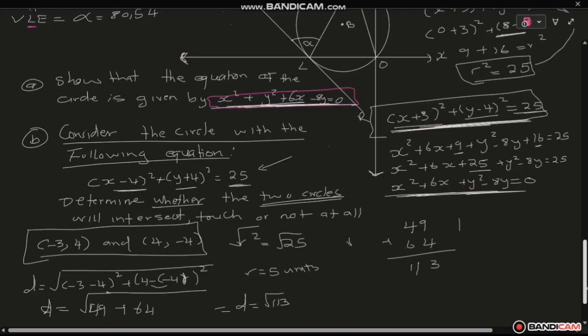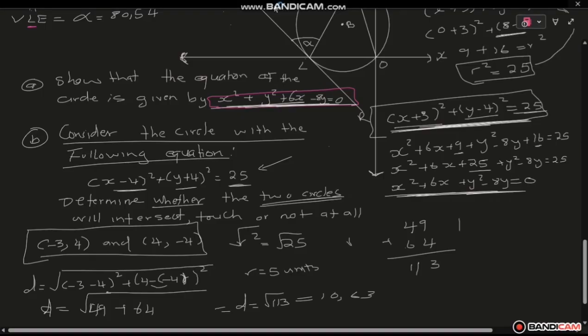Then if you write it in decimal, okay, let me use the calculator from my phone to write it in decimal form. But we'll confirm if this square root 113 is correct. With the calculator on the phone, I'm not sure if it is accurate, I don't trust it, but it says it is 10.63 units.